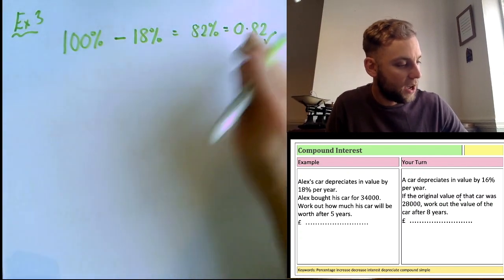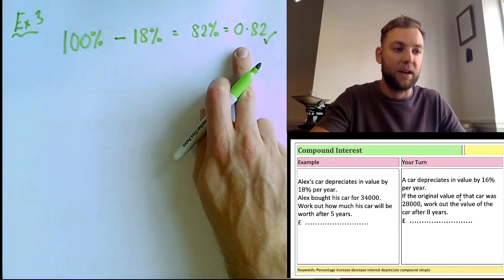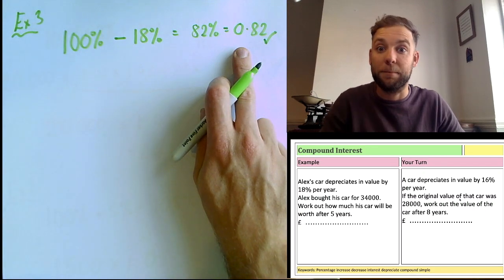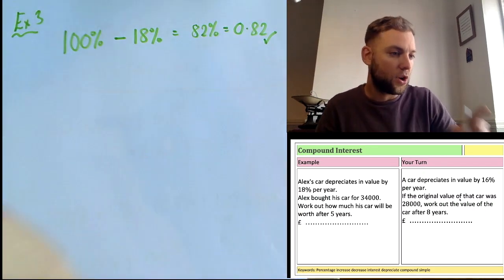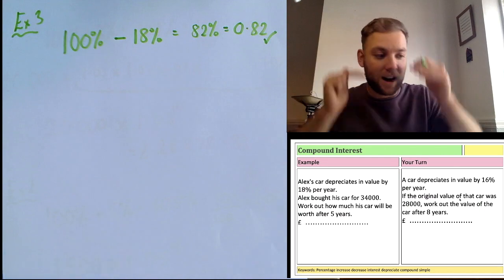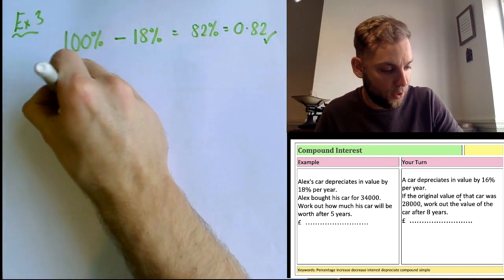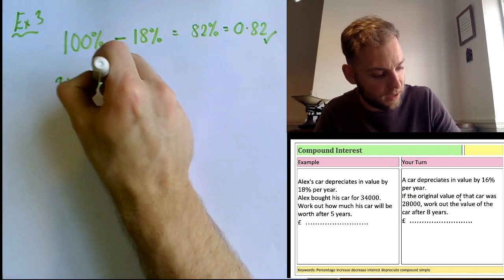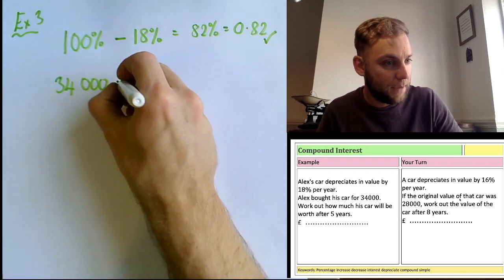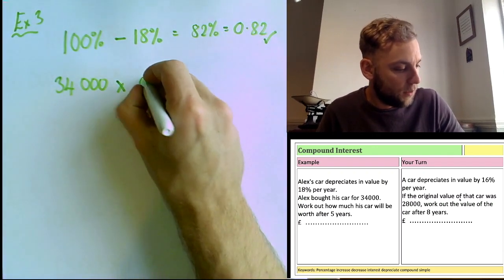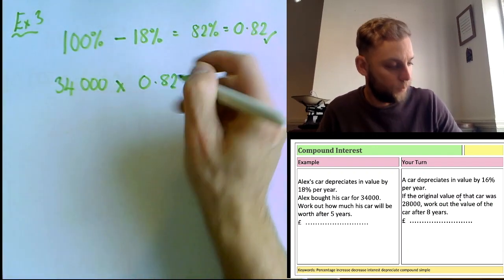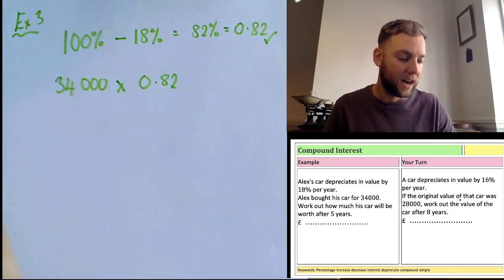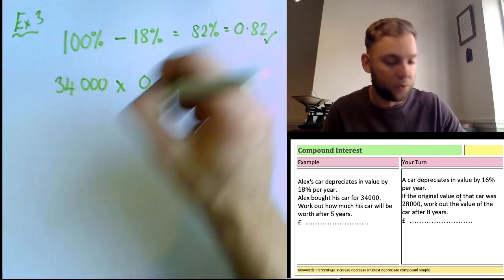So this here is my multiplier for a reduction of 18% each year. So if I want to reduce it by 5 years, it's going to be 34,000, like so, times by 0.82. Now instead of writing this out 5 times, I'm going to do it to the power of 5.